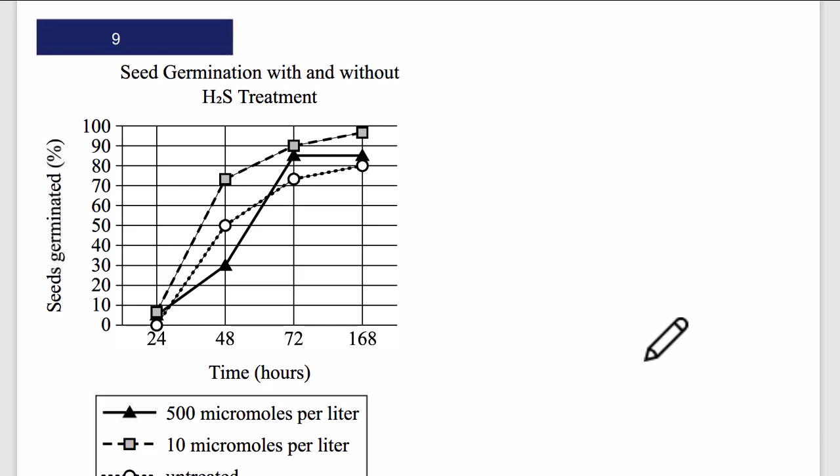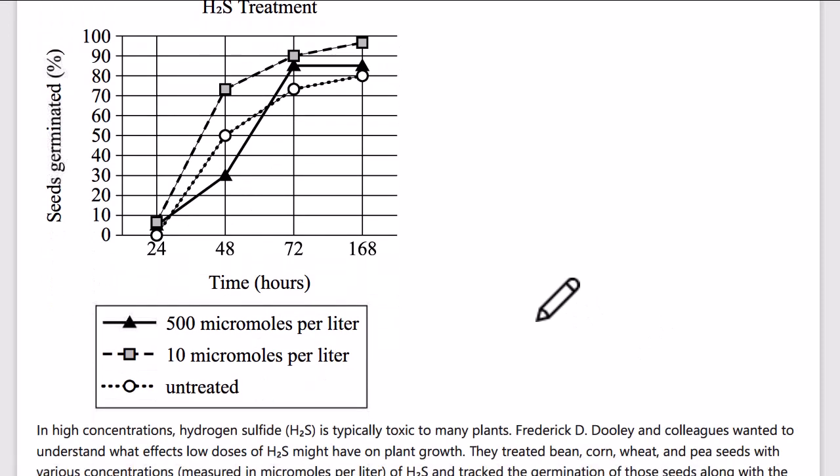Okay, what do we have here? We've got a quantitative question, seed germination with and without H2S treatment. So we see the percentage of germination, okay, and the amount of germination and how they do. So over time, they all improve.